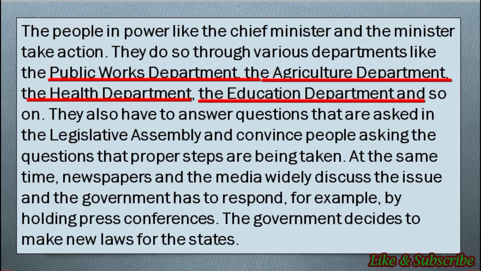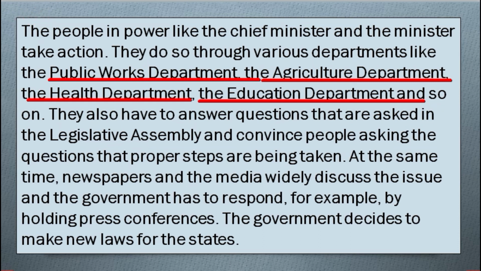And students, sometimes the state government also establishes different types of committees to solve particular issues of the state. And students, all the departments in the state government are answerable to the legislative assembly for their actions.